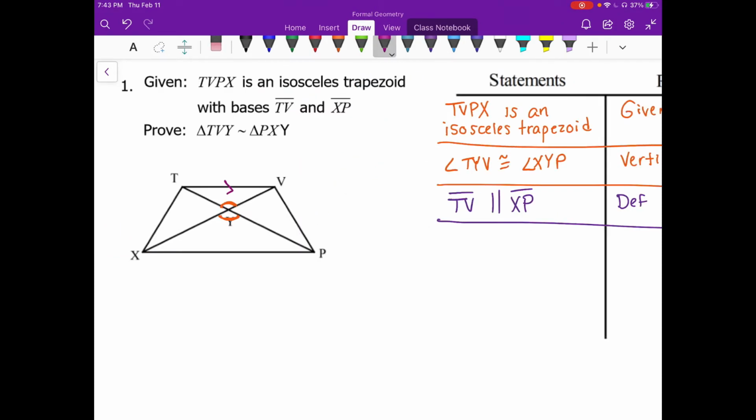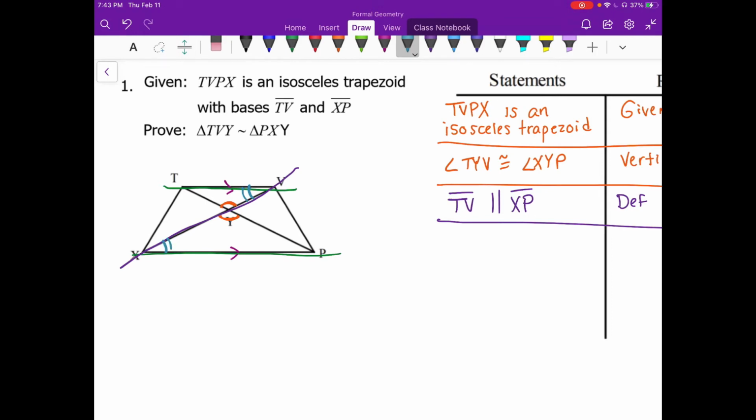Since TV and XP are parallel, I erased some of those lines so we can see that a little bit better. That means I have a transversal that will cut through those. So here are my parallel lines. I'm going to pick a line to be my transversal. I'll pick this one, XY or XV. So when you do have a transversal that cuts through 2 parallel lines, you do get congruent angles. I'm looking specifically at this angle right here, which is TVY, and YXP.